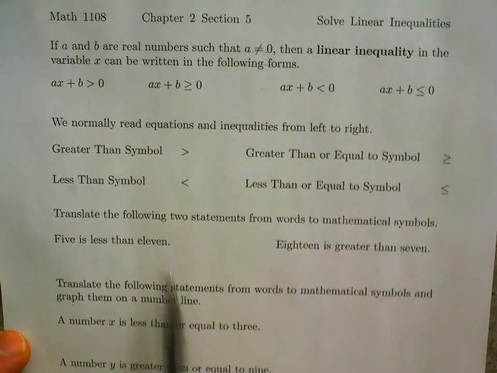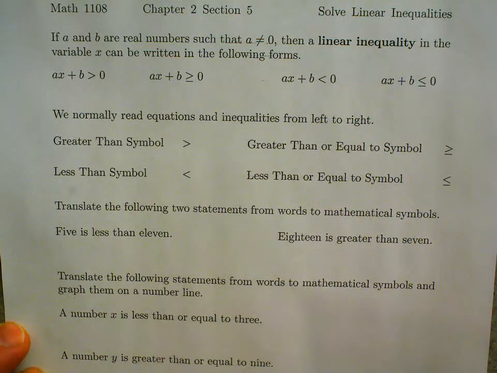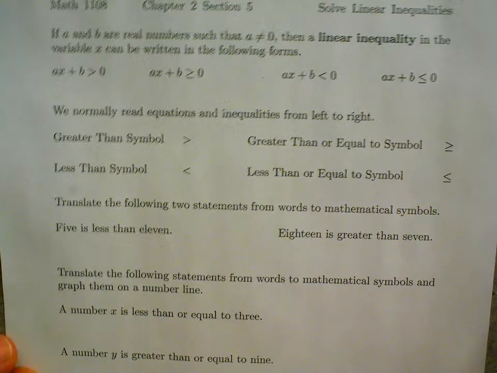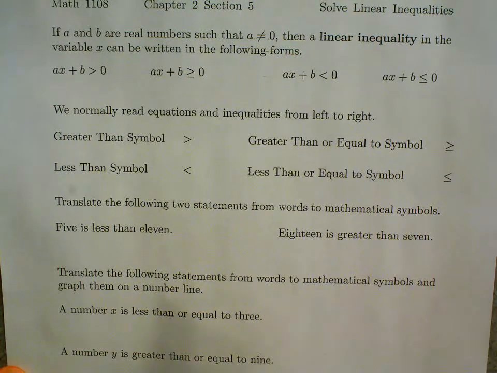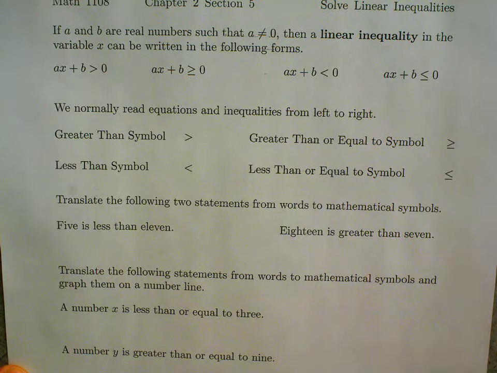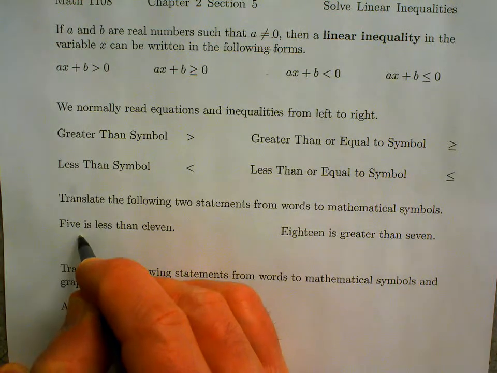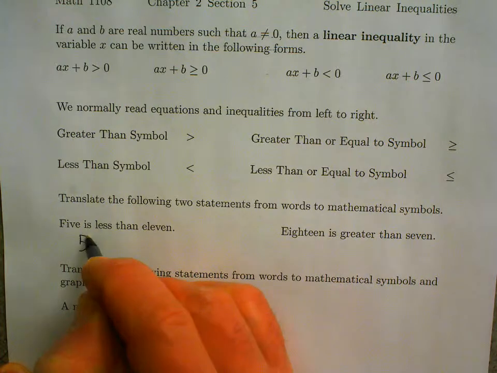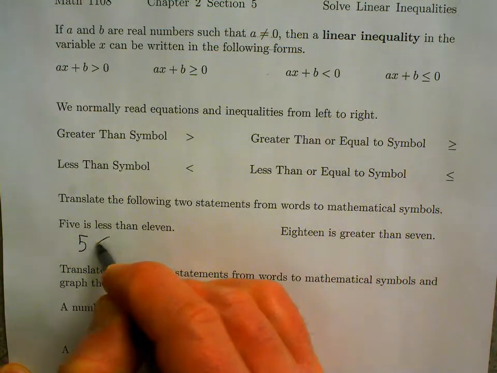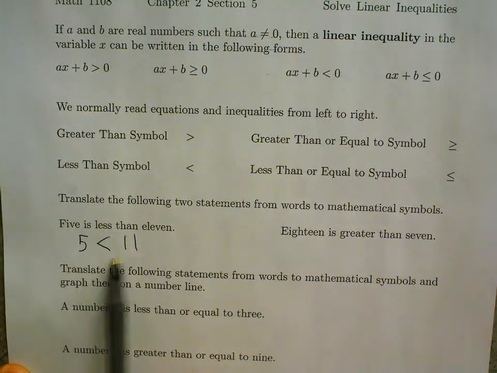Okay, in the next exercise, let's translate the following statements from words to mathematical symbols. This one, 5 is less than 11. Well, we can just write 5 and then use the less than symbol, and then write 11. 5 is less than 11.